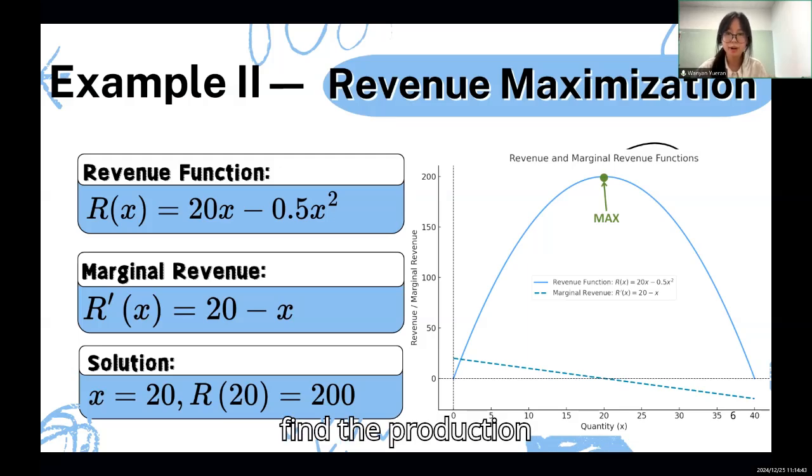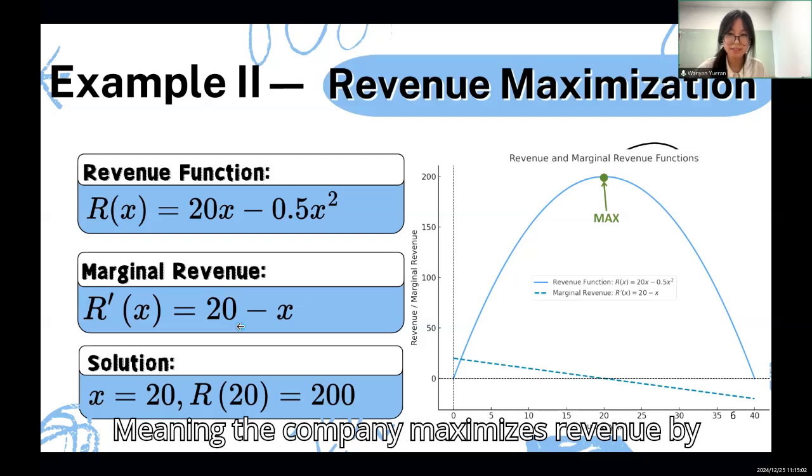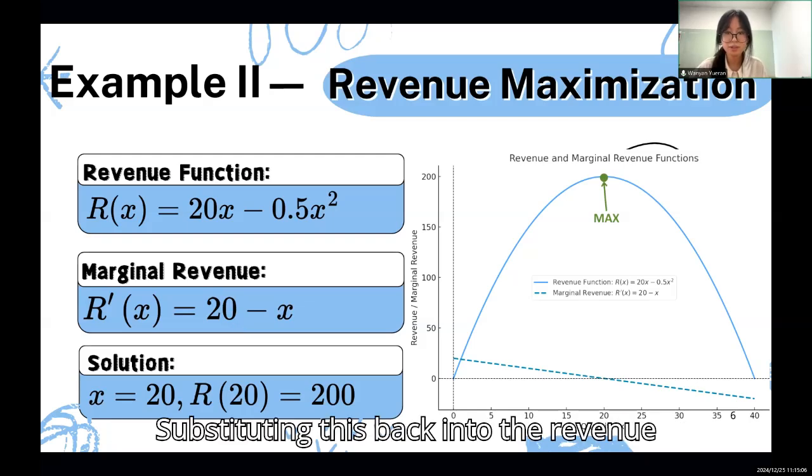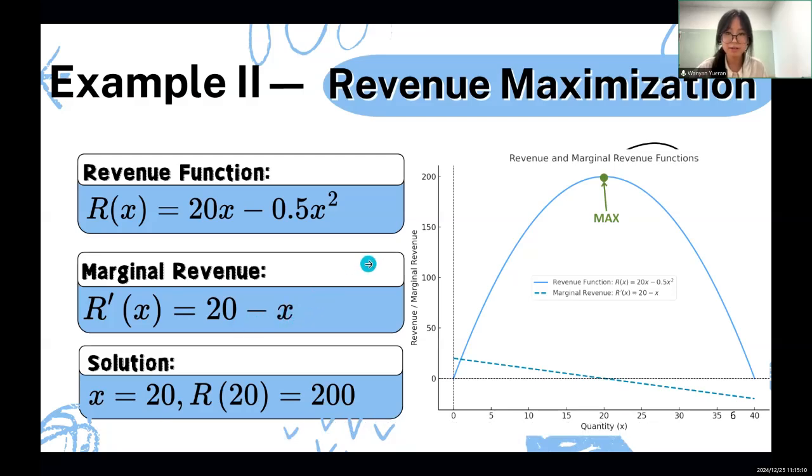To find the production level that maximizes revenue, we take the derivative R'(x) equals 20 minus x and set it to 0. Solving this gives x equals 20, meaning the company maximizes revenue by producing 20 units. Substituting this back into the revenue function, we find R(20) equals 200.